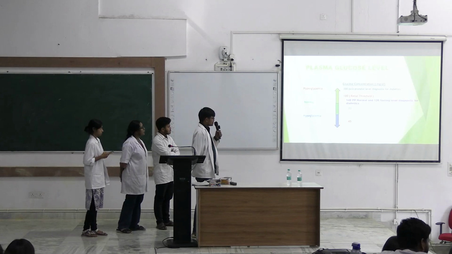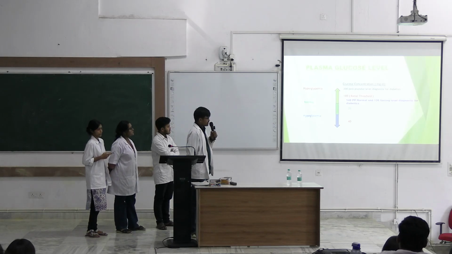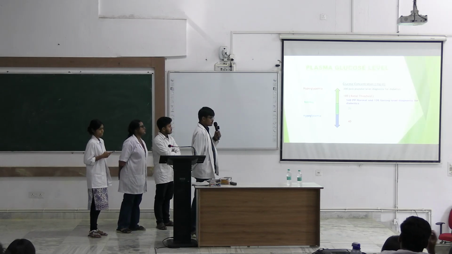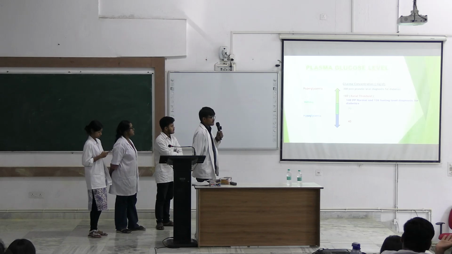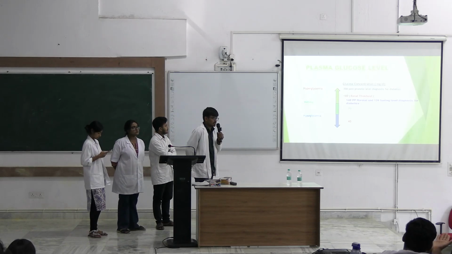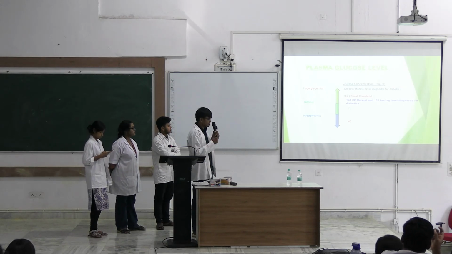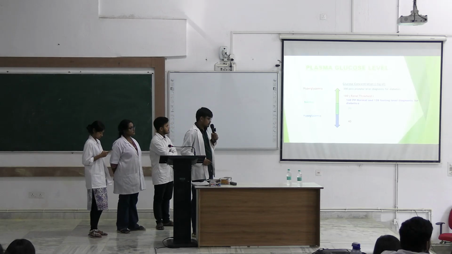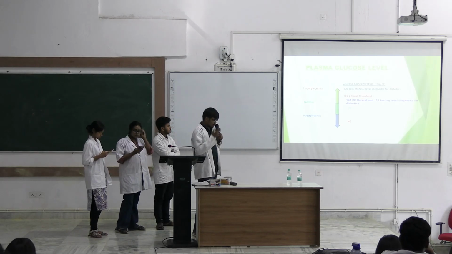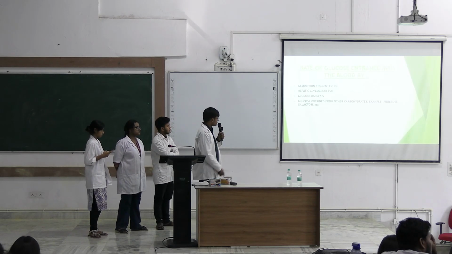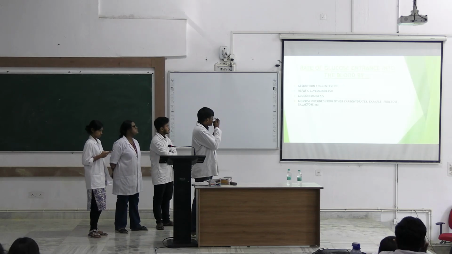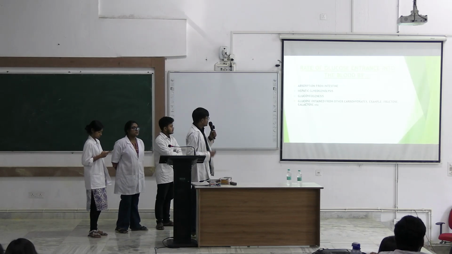If it's below 70 mg per dl, it's called hypoglycemia. If it's above 140 mg per dl, it's called hyperglycemia. If it goes above 180 mg per dl, it's called renal threshold, in which kidney can't reabsorb glucose. So our next topic is rate of glucose entrance in the blood.